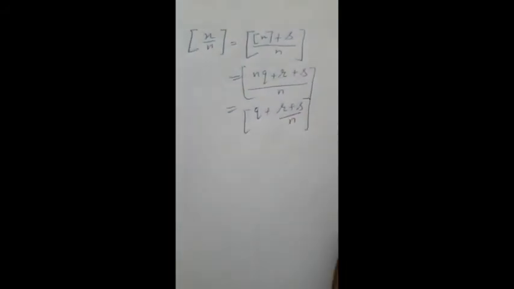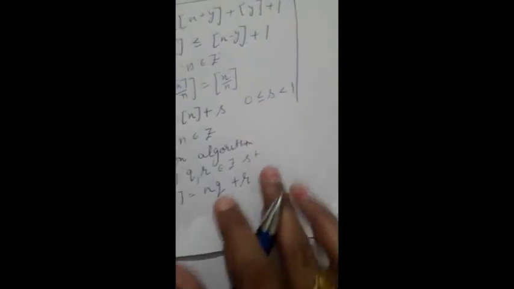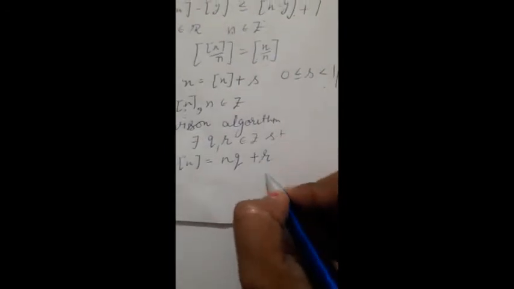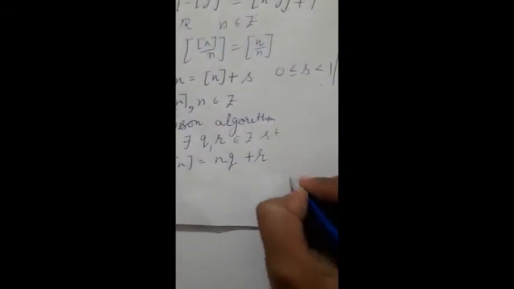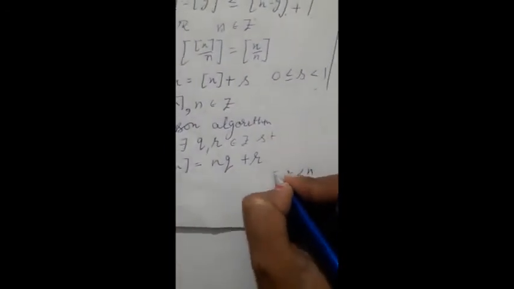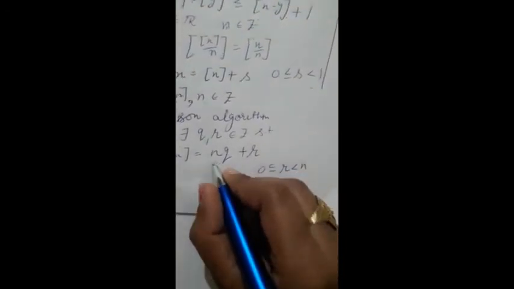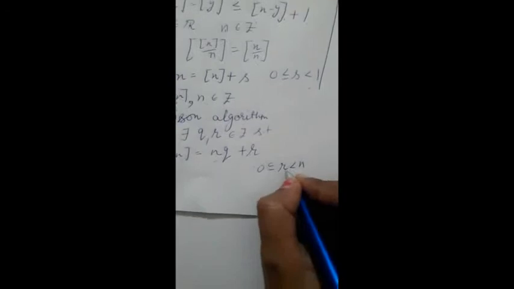Now what is the value of r plus s? The condition for s is that s lies between 0 and 1, 0 less than or equal to s less than 1. The condition of r we write here. r is less than n and greater than or equal to 0. The remainder is always less than the divisor. Here the divisor is n. So r is less than n.